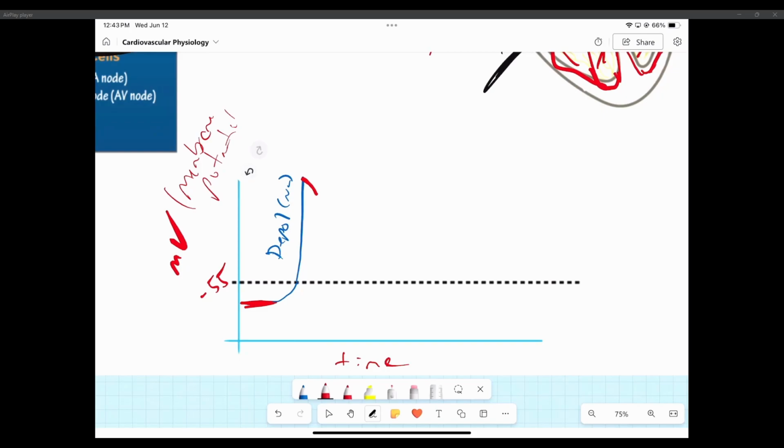Which way is calcium going? In. What charge is potassium? Positive. What charge is calcium? Positive. So we have positive coming in, positive leaving. What do you think is going to happen to our net charge? Stays the same. So we have a plateau phase.